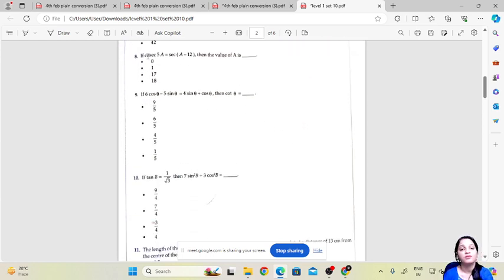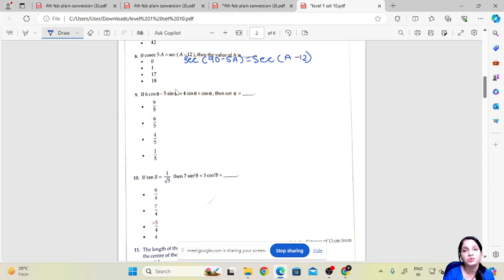Okay, if cosec 5A is equal to sec A minus 12, then find the value of A. Either you can change cosec to sec or sec to cosec. I'll change cosec to sec. So it will be sec (90 minus 5A) equal to sec A minus 12.